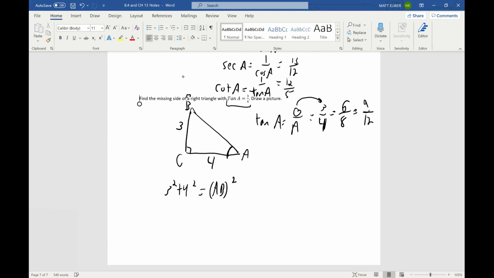So solving for this, we get 9 plus 16 is equal to AB squared. 9 plus 16 is 25, and I'll take the square root on both sides. So we get AB is equal to 5. So the missing side is the length 5.